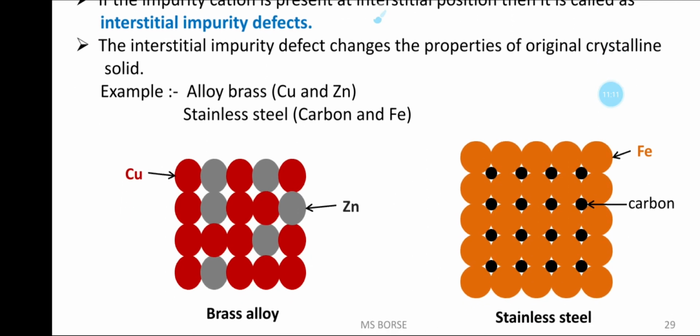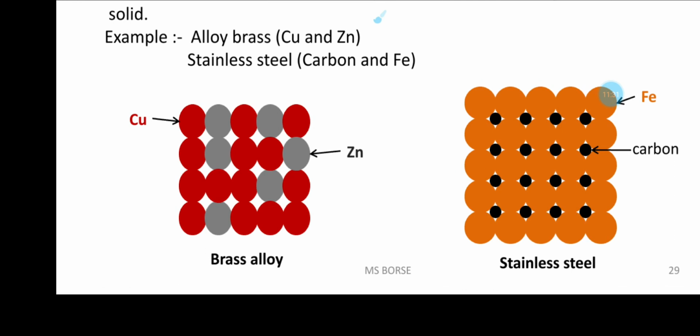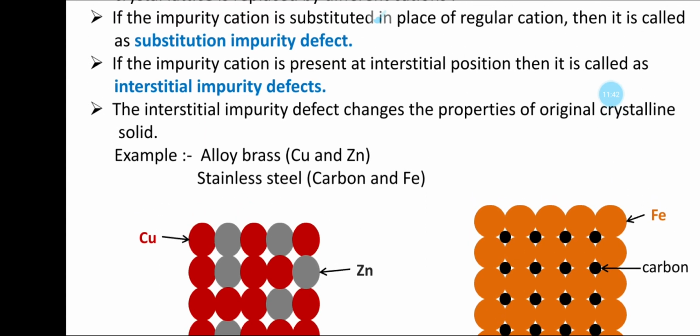This example, alloy of brass, that is copper and zinc. So regular copper will be substituted by the zinc. So we get a new type of material called an alloy, and we call it brass. That has specific applications. So by creating this type of impurity defect, we develop a new type of metal. So that is very important.